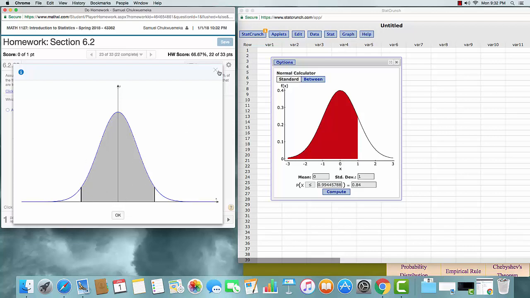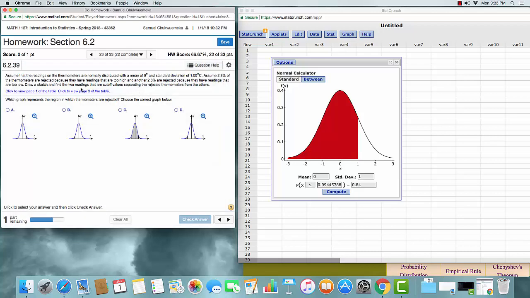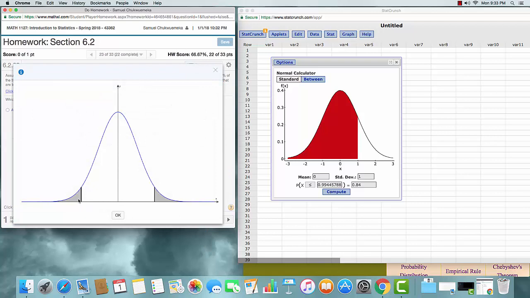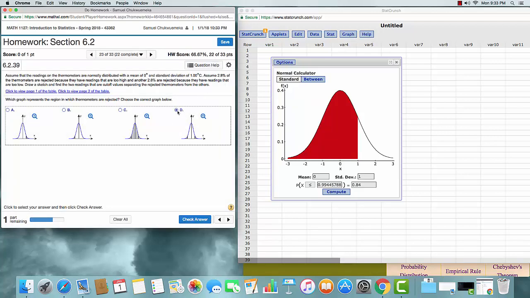What they asked us to do is to shade those areas of rejection. So this is not the rejection region. They want us to shade the areas that are in the rejection region. So this is this here: 2.8% that are too low, 2.8% that are too high. All right, so that is it. Option D.